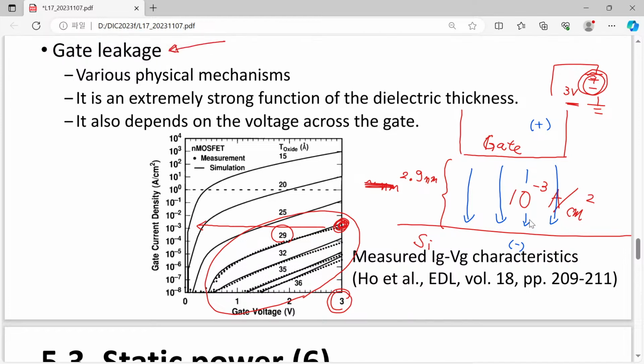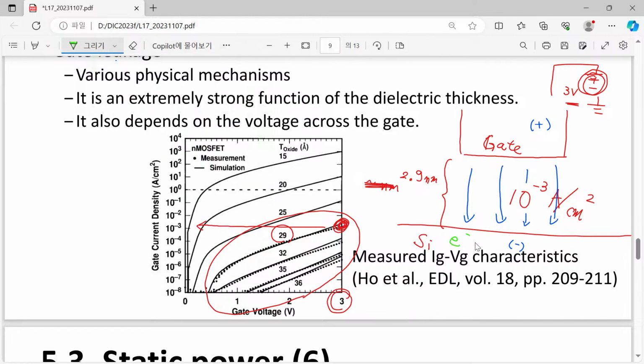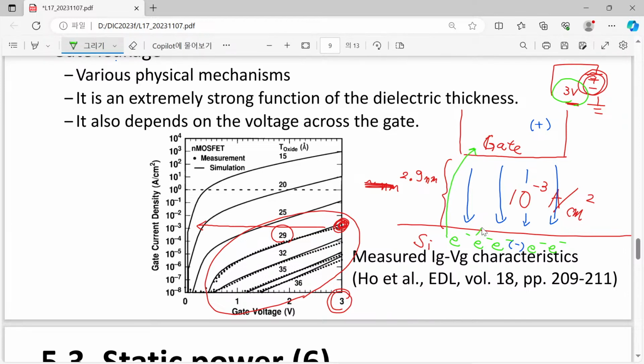However, this is the direction of current, and in reality, what happens in this case is quite obvious. Here we have many electrons, inversion electrons, and since we have applied such a high voltage, 3 volt, these electrons are attracted, so they overcome this oxide layer and jump into the gate.